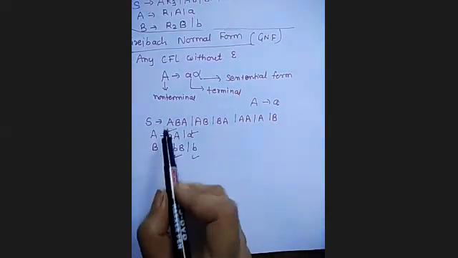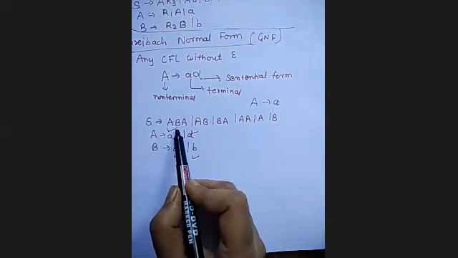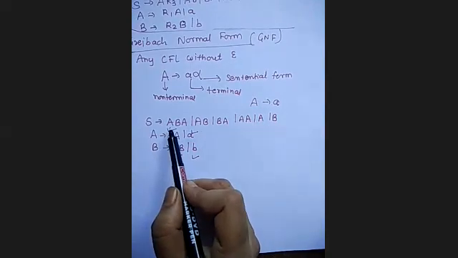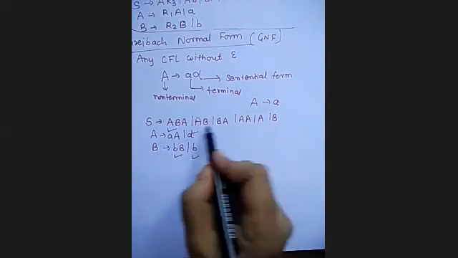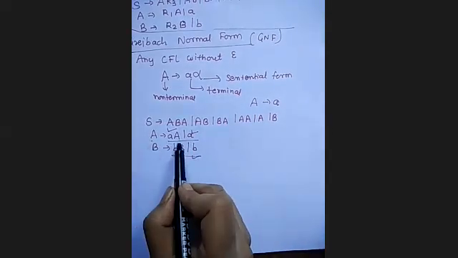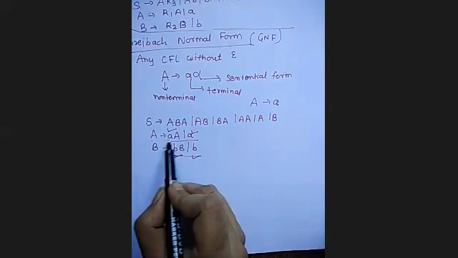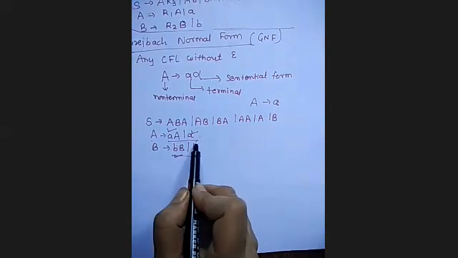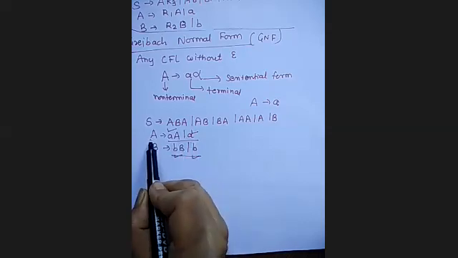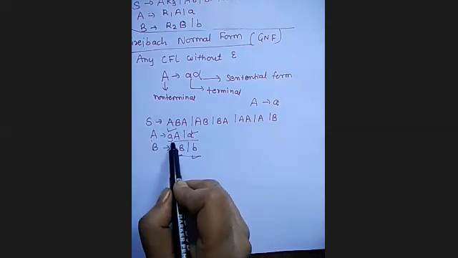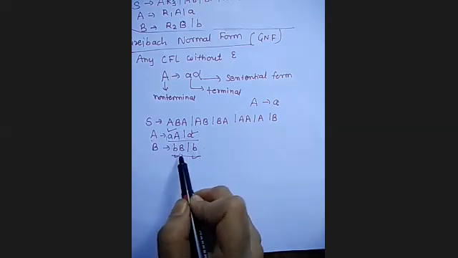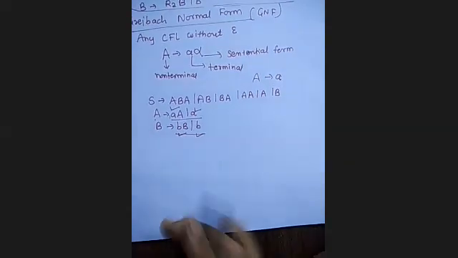If I substitute, each of these starts with a non-terminal A or B. If I replace a starting non-terminal by its production rules, whenever you replace A, you have to replace it by all the right hand side productions of that non-terminal. So if I want to replace A, you have to replace it by both of these. Similarly, if you want to replace B, you have to replace it by both the productions on the right hand side. So let us substitute.